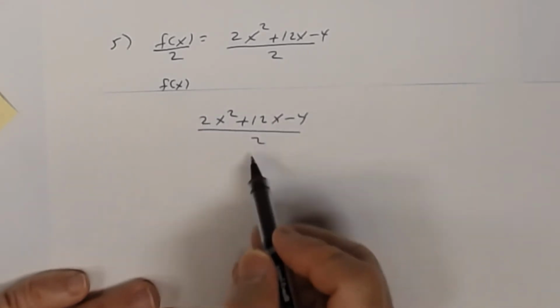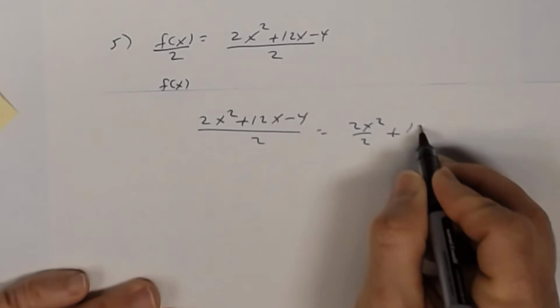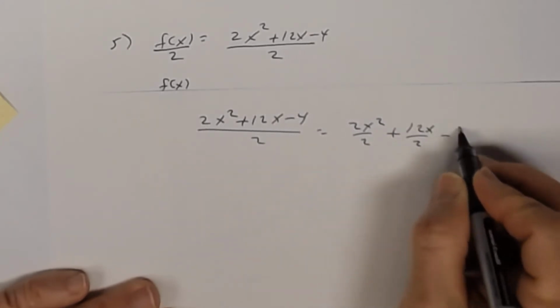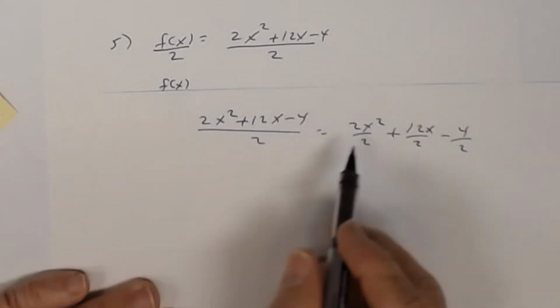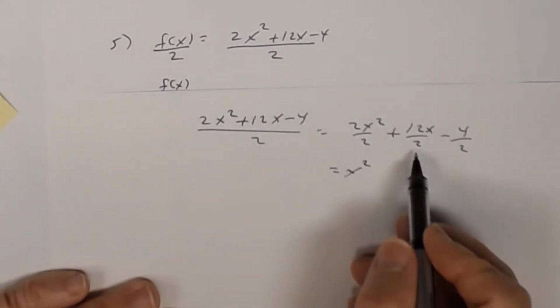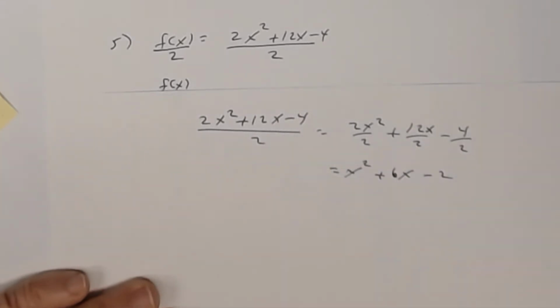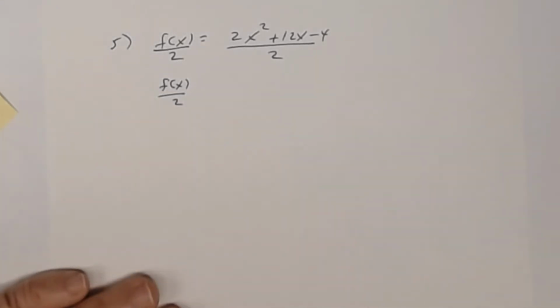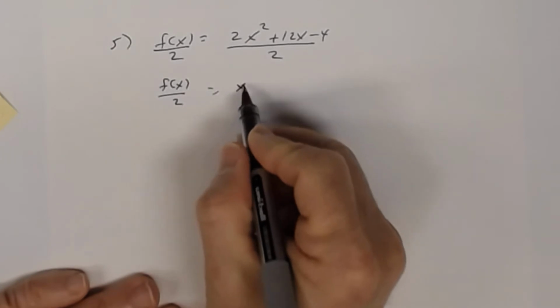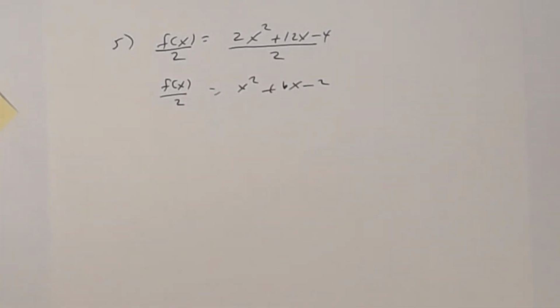You can divide each term by 2. So you're going to get 2x squared divided by 2 plus 12x divided by 2 minus 4 divided by 2. Then simplify. The 2's divide out, so you get x squared. 12 divided by 2 is 6x, and then minus 2. So that is x squared plus 6x minus 2.